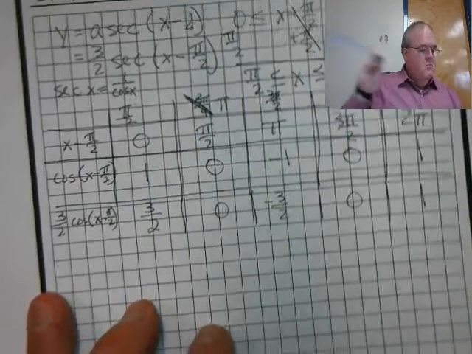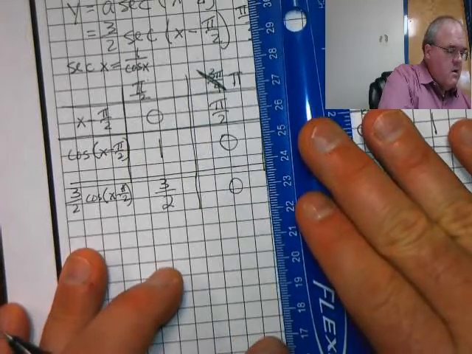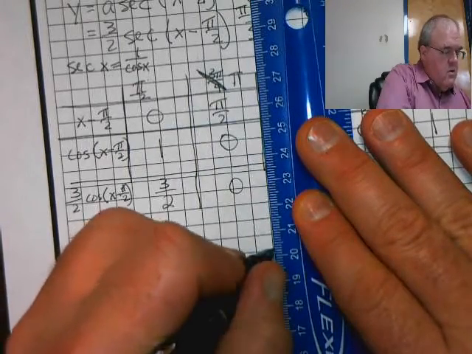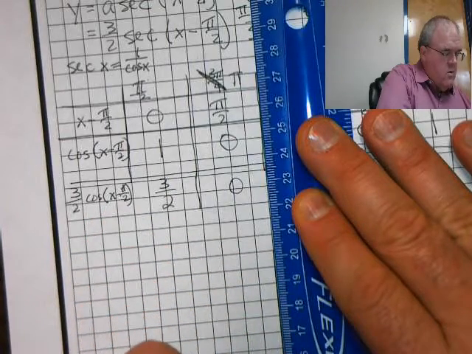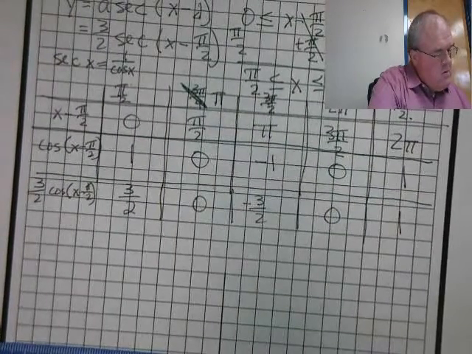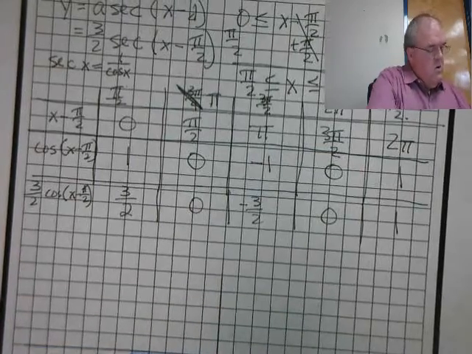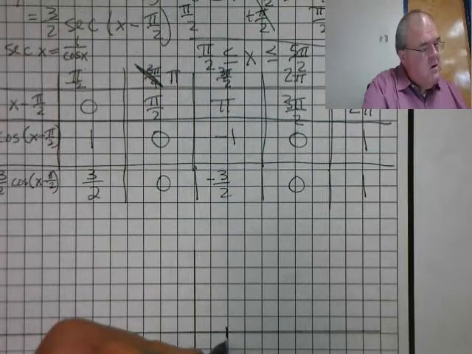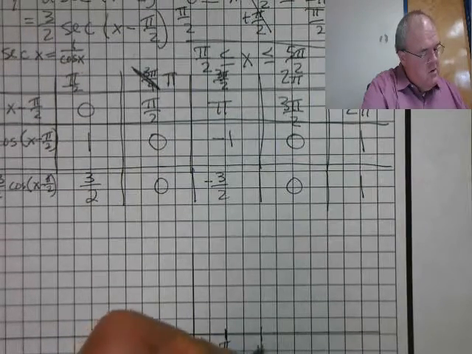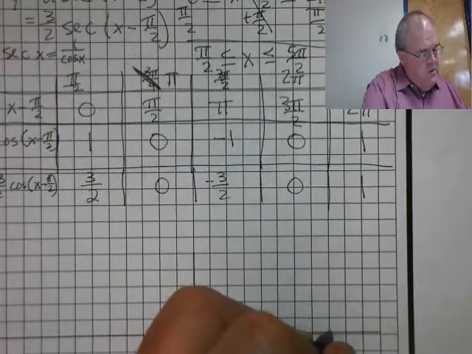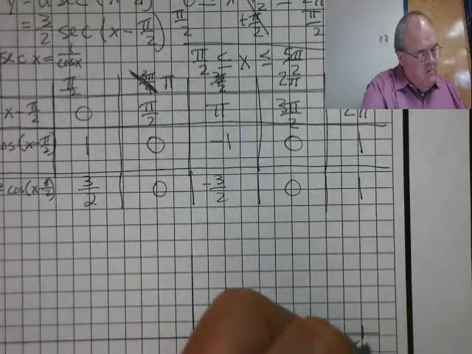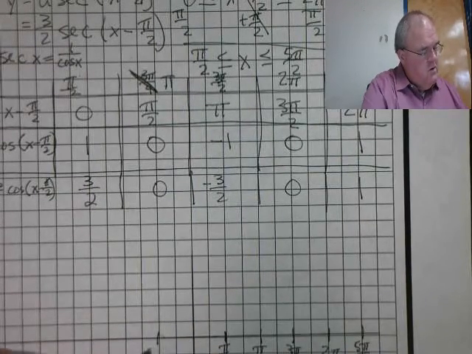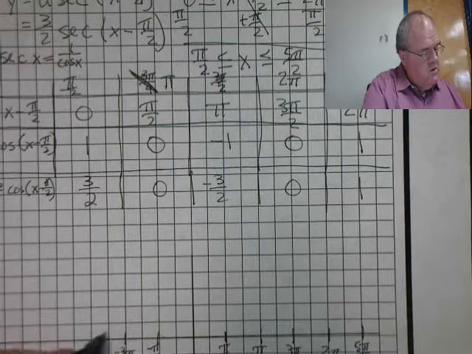I'm ready to make my graph. I'm going to label my important points, and I'm going to have pi over 2, pi, 3 pi over 2, 2 pi, 5 pi over 2, 0, negative pi over 2, negative 3 pi over 2, and negative 2 pi.